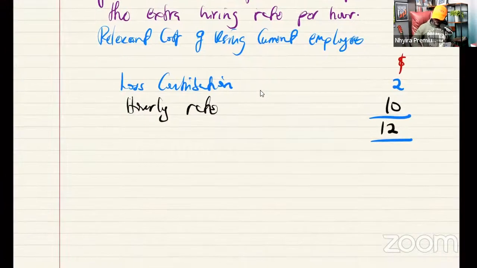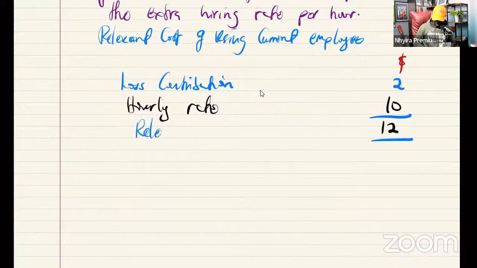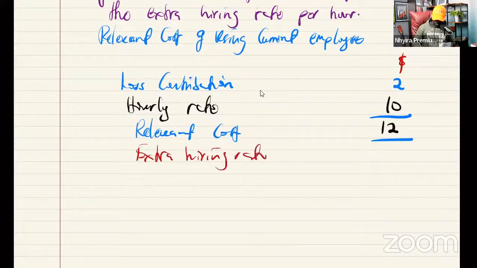The relevant cost of using our labor is going to be $12. When we compare this to the extra hiring cost, that is $20. It will be cheaper to use our labor force.